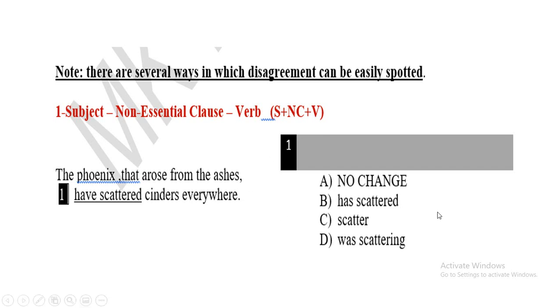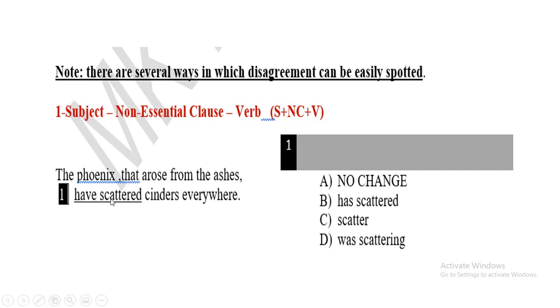So let's look at the first problem. Subject, non-essential clause, verb. This is the first form that the SAT Language and Writing test checks.